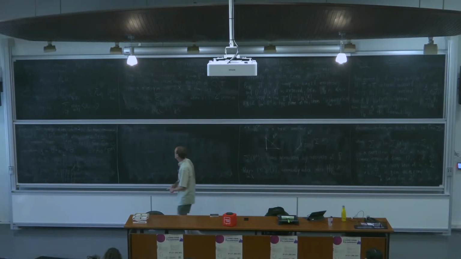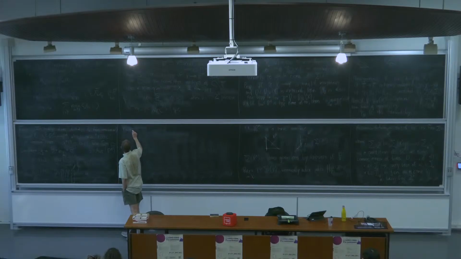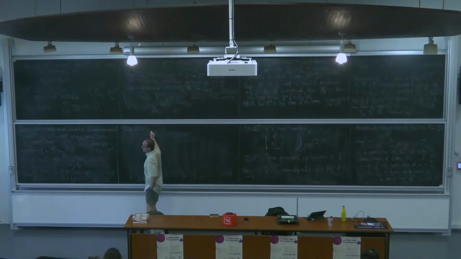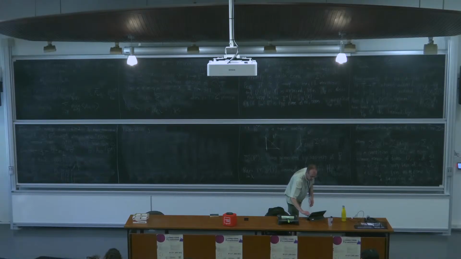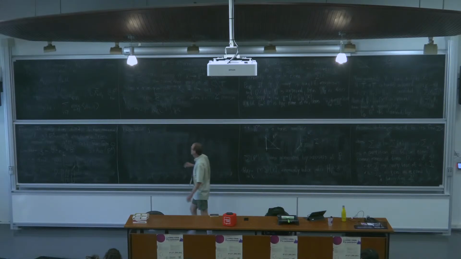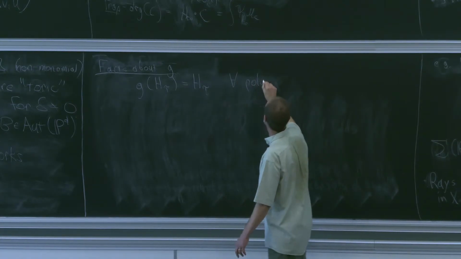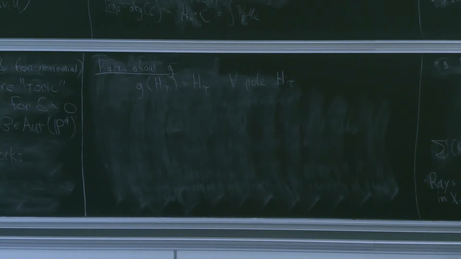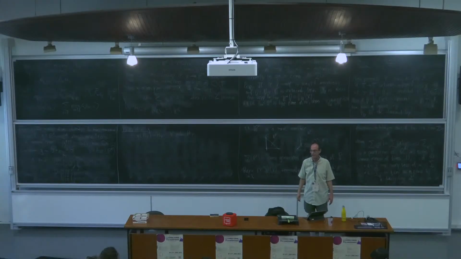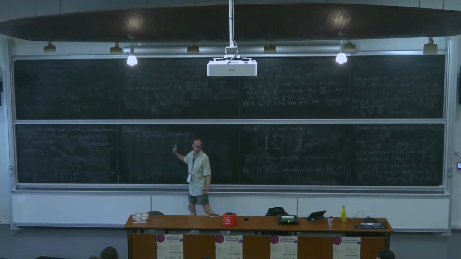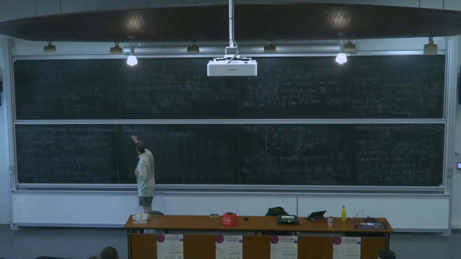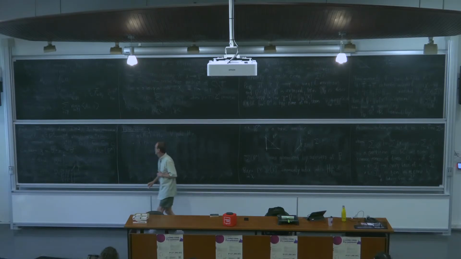You get the following facts about G. You take any pole, so you pick a toric d-fold in which that pole lives, lift G to that toric d-fold, and G just sends that pole to itself. Okay, that is crucial.